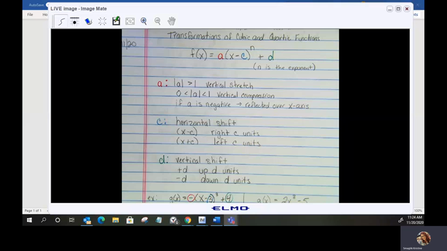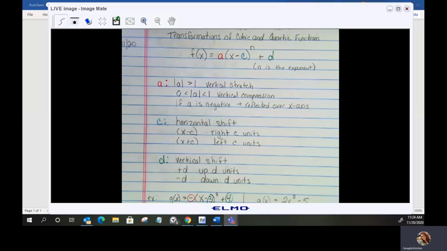I have a horizontal shift. If I am moving left 5, that's going to be a plus, so a negative 5 is my C value. My parent function is cubic, so this is going to be cubic. Vertical shift down 2, so that's minus 2.